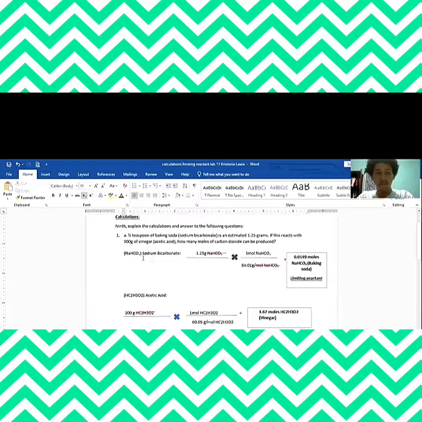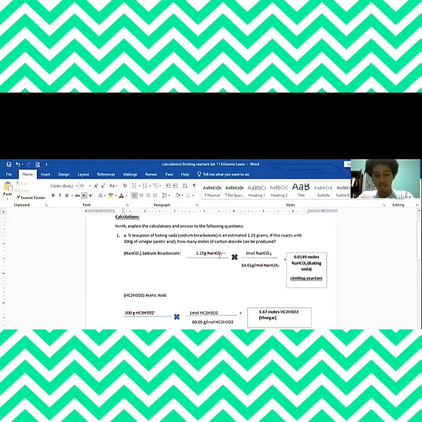So we have here the baking soda, which is the sodium bicarbonate, and then we have 1.25 grams of sodium bicarbonate times 1 mole of sodium bicarbonate over 84.01 grams per mole of sodium bicarbonate.